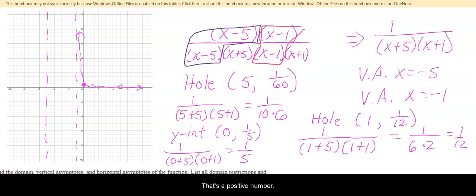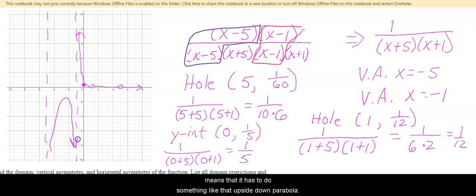That's a positive number, but -2 plus 1 would be negative. That tells me that a positive times a negative is negative, which means at -2 it has to be below, which means that it has to do something like that upside down parabolic shape. Do I know exactly what it looks like? No, but this has to be a fairly close approximation.